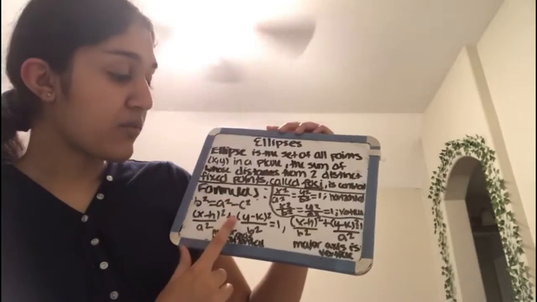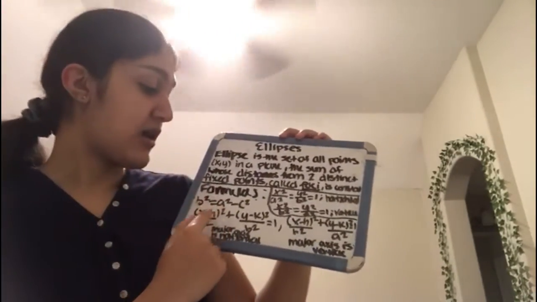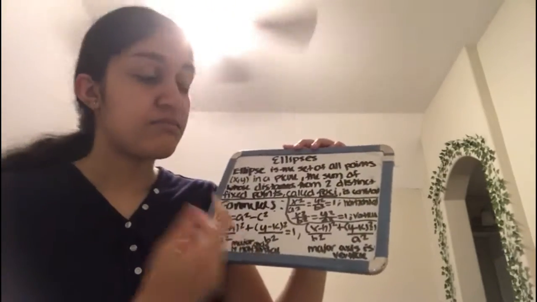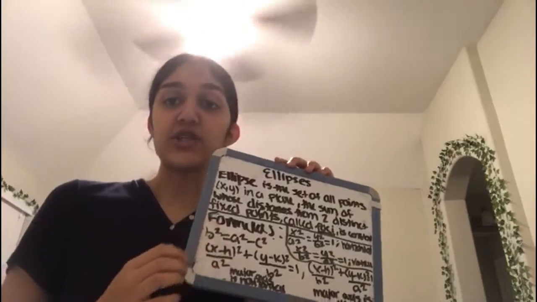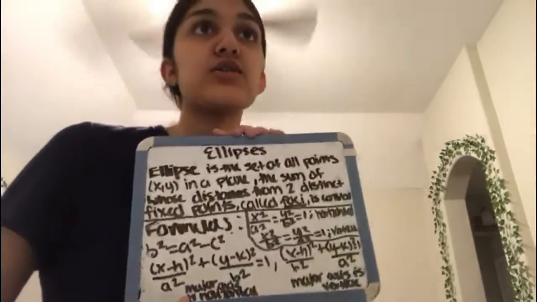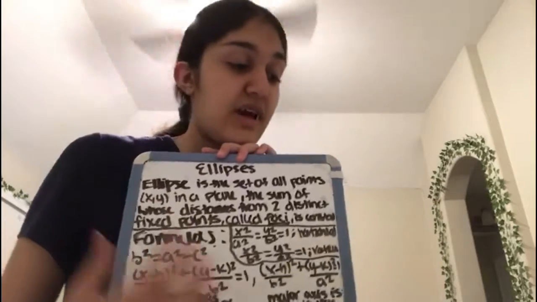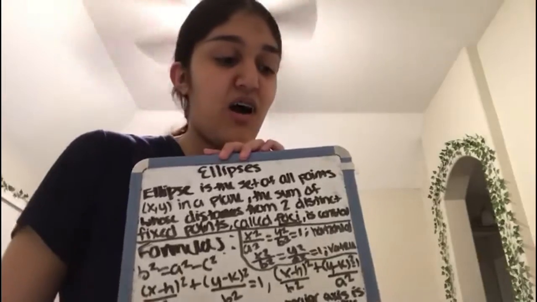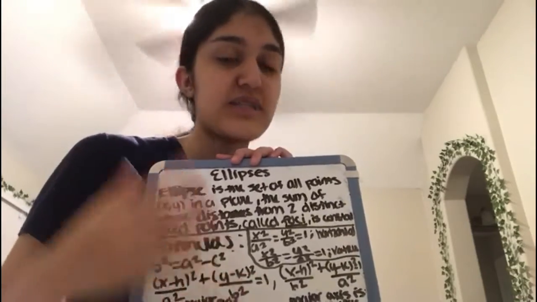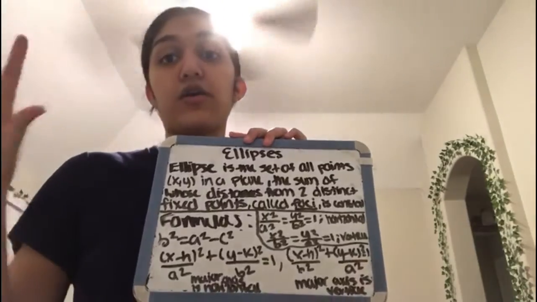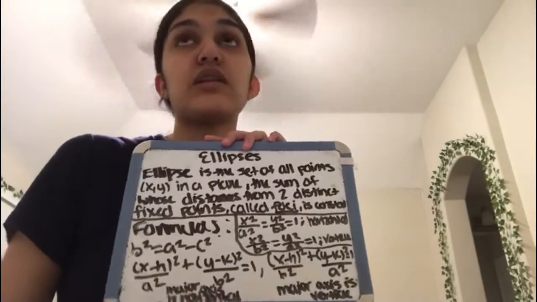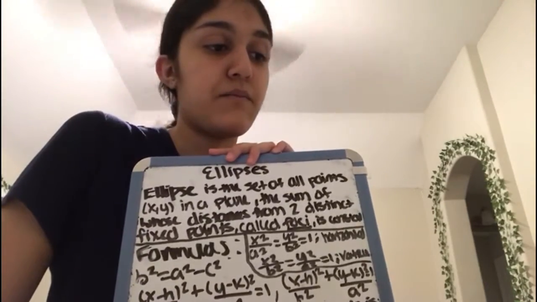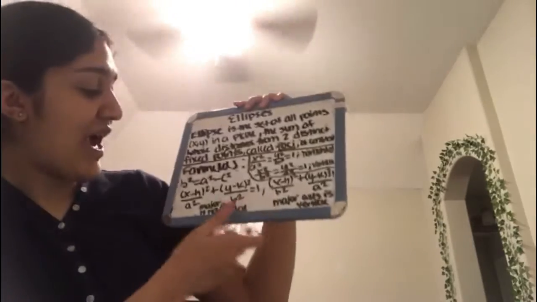Now the other formulas are for the horizontal and vertical main axis. These are really important in ellipses, because they let you find specific things off the graph. They give you the standard form equation of the ellipse, starting with x minus h squared.